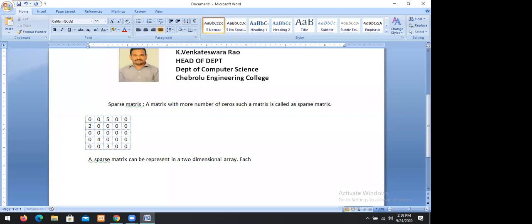Each row will contain three columns. The first column is the row number of the non-zero value.